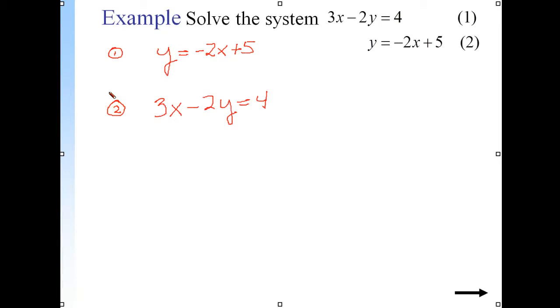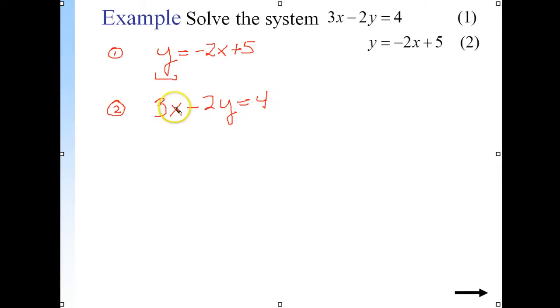Well, first of all, I'm going to identify my equations as equation 1, which will be this, and notice that's in slope-intercept form. We've solved for the letter y. And then we'll label the other equation, equation 2, which happens to be in standard form.